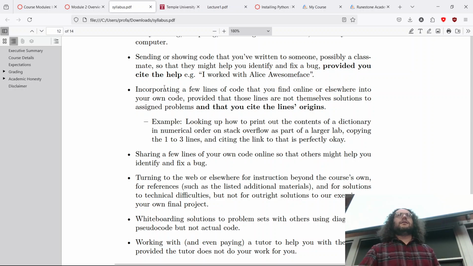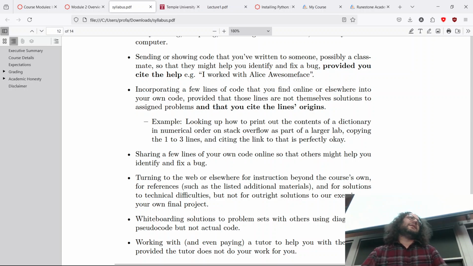Fine. Worst case scenario, if you're not sure, cite it, because then that's not dishonesty. The worst I can do at that point is tell you, I expect you to do this yourself. Go back and do it, please. You won't get in trouble for that if you cite it.